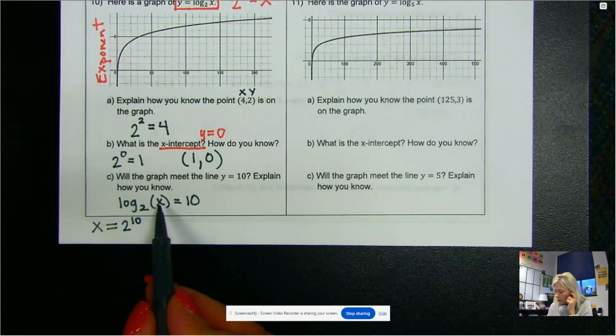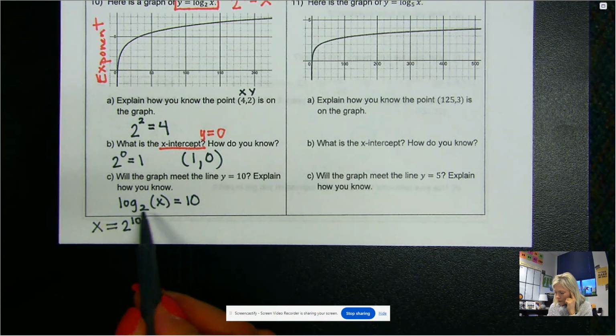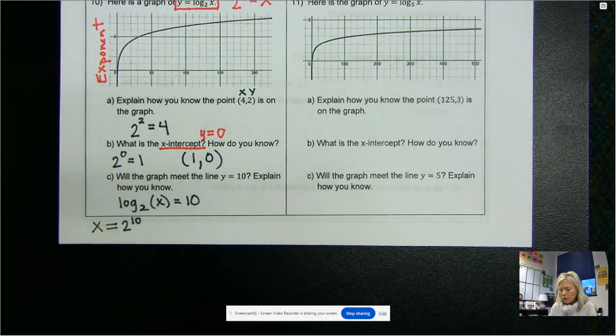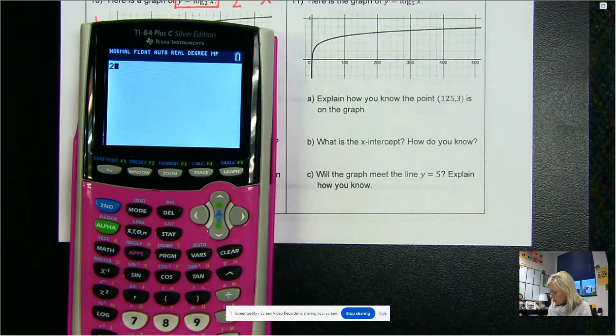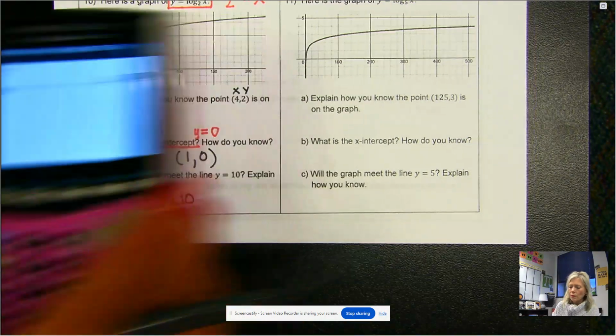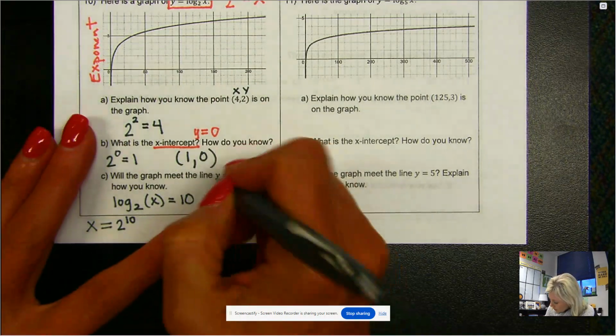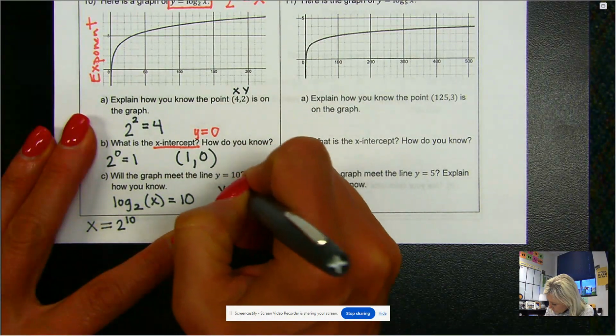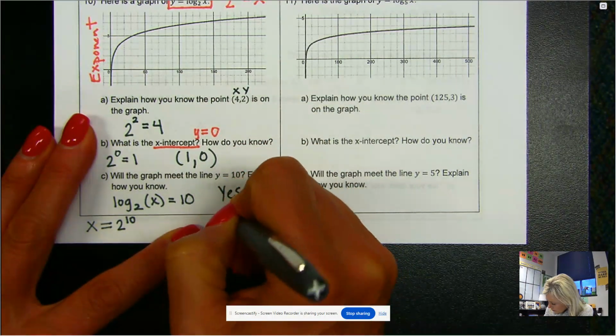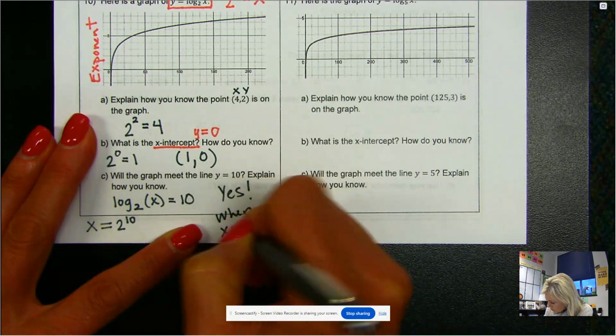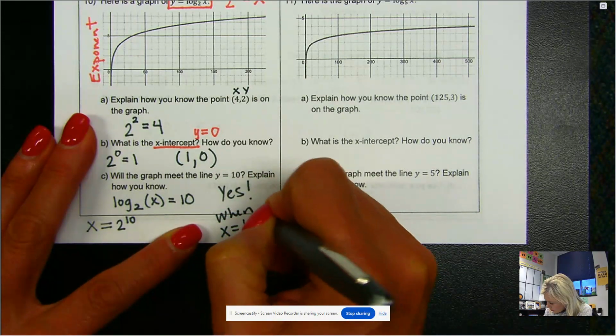So x is equal to 2 to the 10th, base to the exponent. So 2 to the 10th is, let's see, 1024. So the answer is yes when x equals 1024.